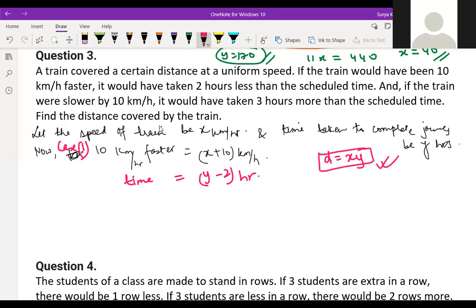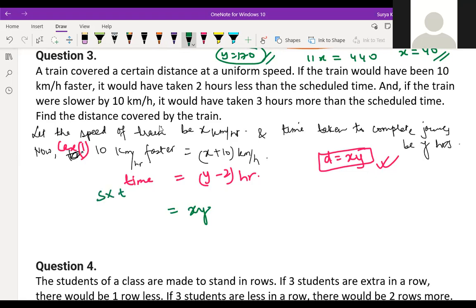So what to do here, children? xy is equal to x plus 10 times y minus 2. Total distance is equal to speed into time, right?